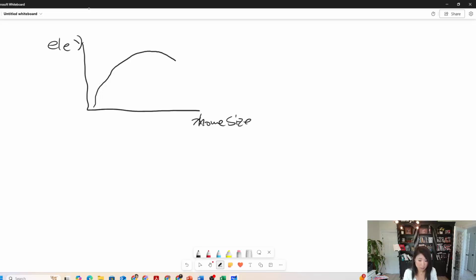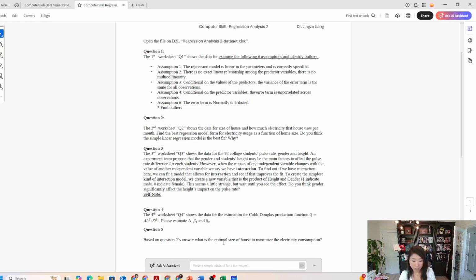The question is asking about this peak, the highest electricity consumption, related to the home size. What is the corresponding home size at which the electricity consumption is the highest? If we build a house larger or smaller than that, our electricity consumption will be less. So the question asks for the optimal size of house to maximize electricity consumption.